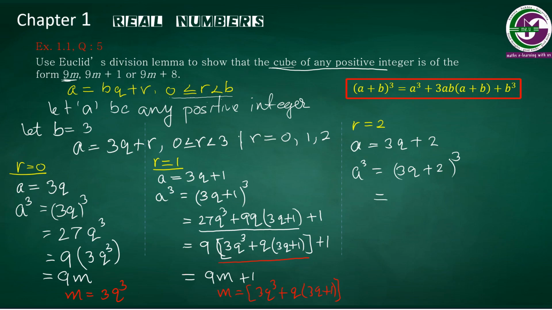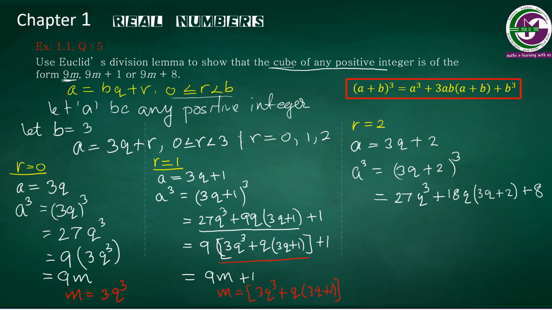So you'll get a cube, that means the cube of the first term, that is 27q cube, plus 3 times the first term and the second term. So 3 times 3q is 9q times 2 is 18q, times a plus b, that is 3q plus 2, plus the cube of the last term, 2 cube is 8.